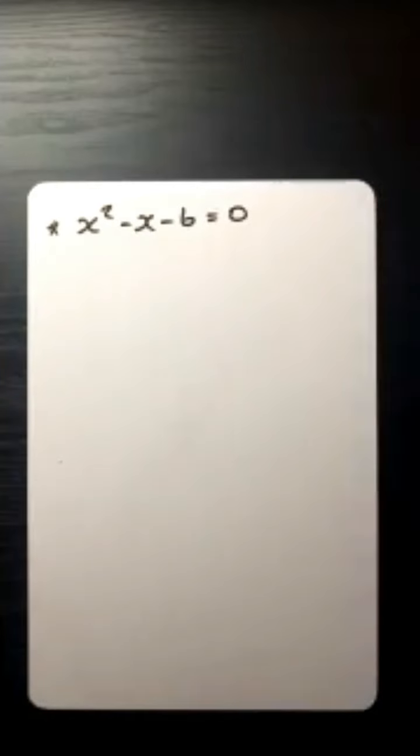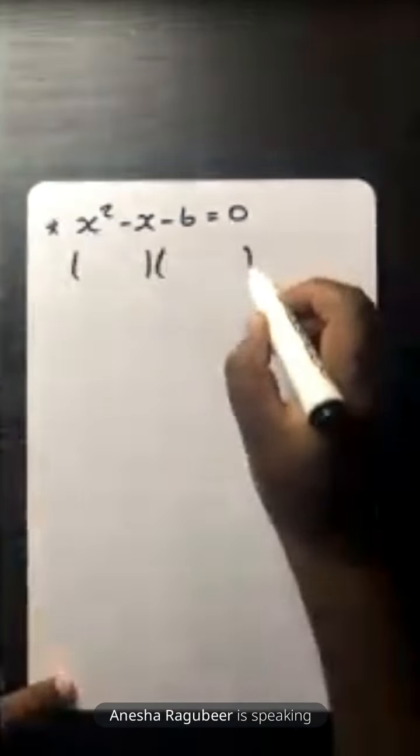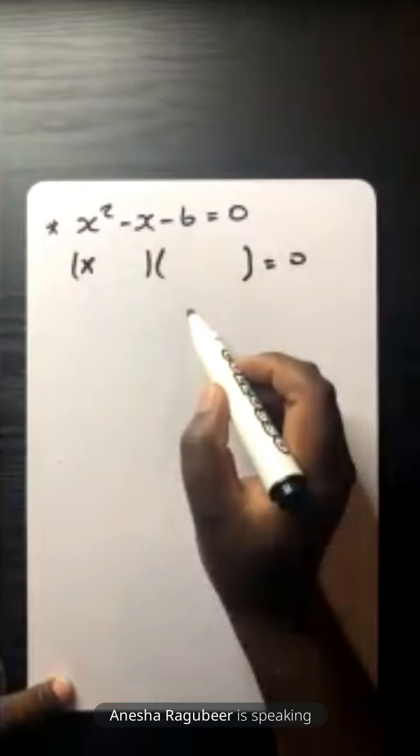Maybe you can just give it a try by explaining how you would solve for or factorize that one. So I would take in brackets my x minus my second negative x and close my bracket.